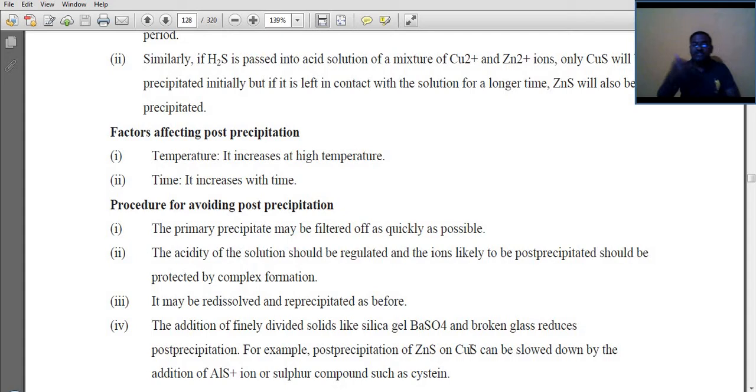What are the procedures for avoiding post-precipitation? The primary precipitate may be filtered off as quickly as possible. The acidity of the solution should be regulated, and the ions likely to be post-precipitated should be protected by complex formation. It may be redissolved and reprecipitated as before.